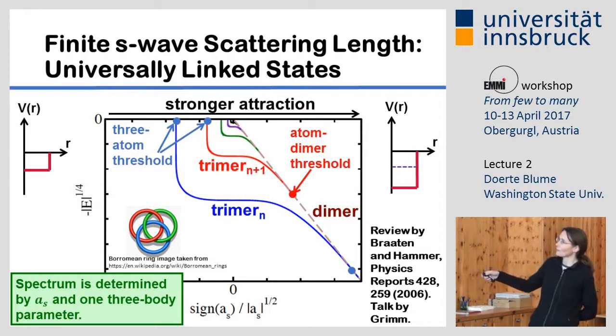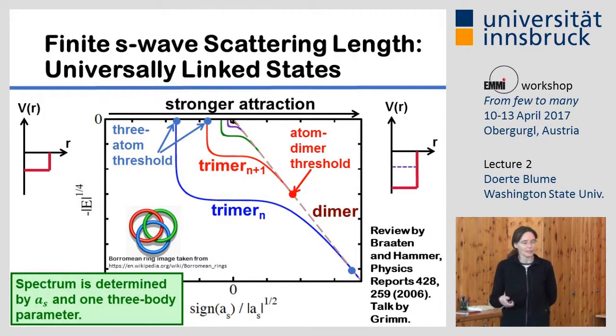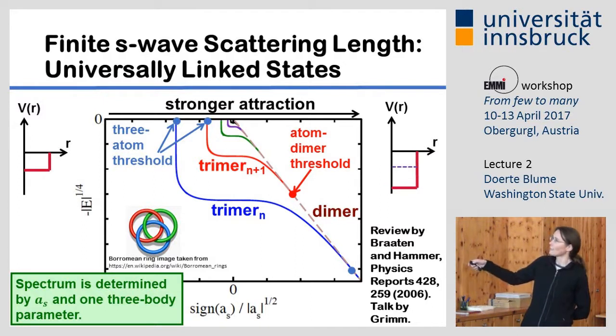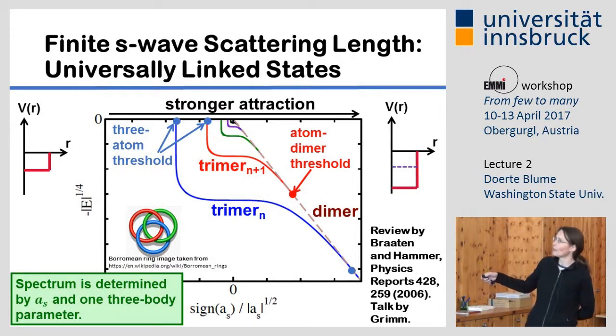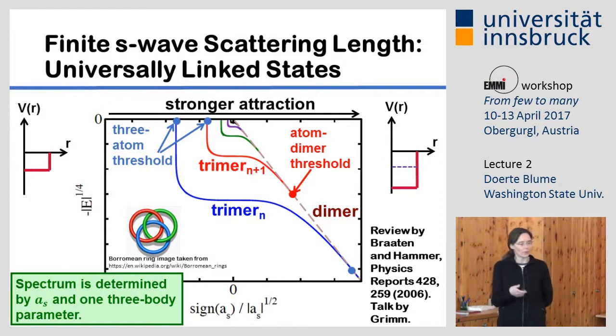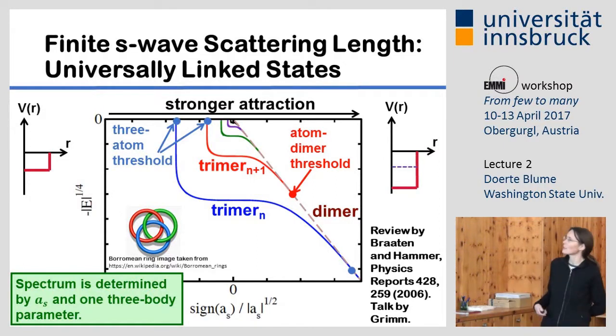There's also this factor of 515 or 22.7 squared that really shows up in different places on this plot. And Rudy will tell you a little bit more about how these regions where we run into the three-atom threshold or into the atom-dimer threshold, how these special points can be probed experimentally.